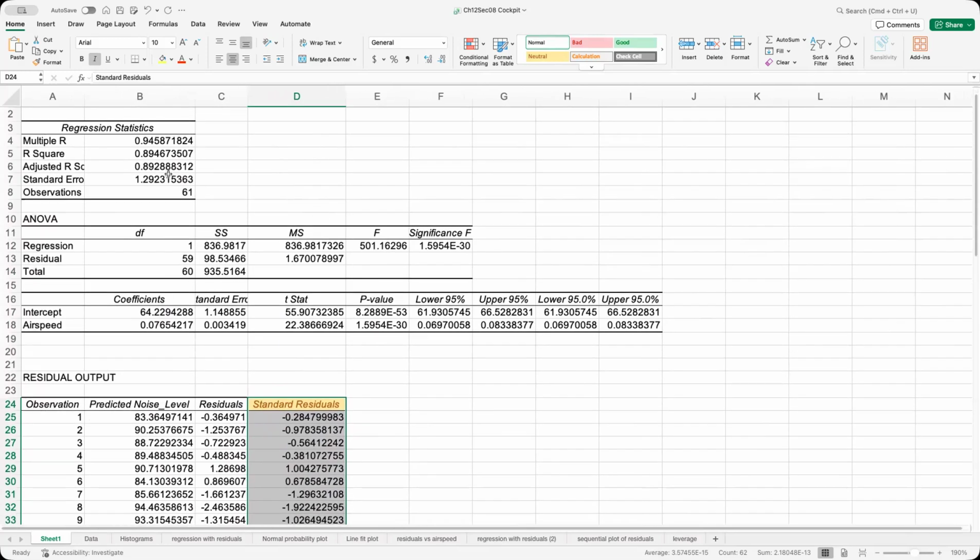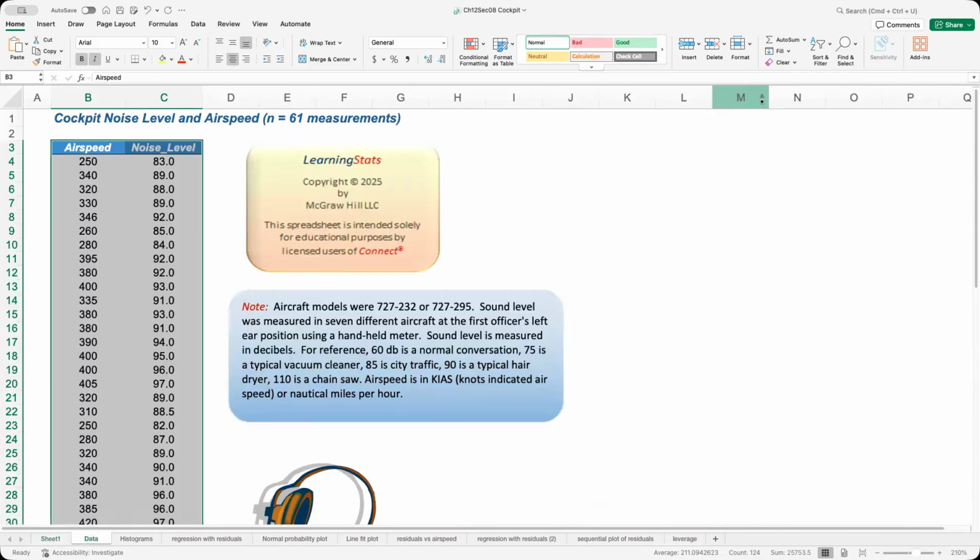That standard error value is 1.29. I could say, oh, well then 68% of the data should be between -1 and 1 standard deviation, 95% should be between -2 and 2, 99.7%. So let's draw a line based on these values, and then we'll plot these actual values. Again, that comes from doing the regression.